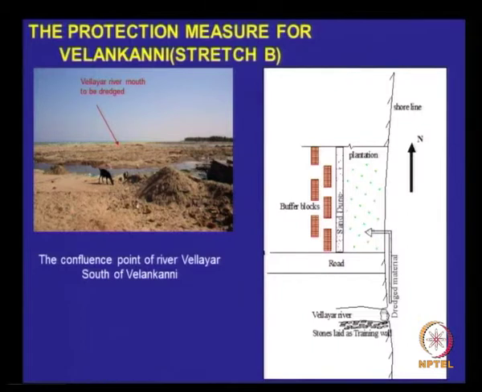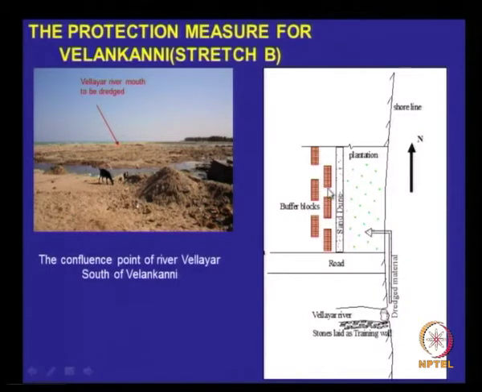act as a buffer. So you have the plantations and a sand dune here, and then buffer blocks, something like seating arrangements, so that in the event of a tsunami, the water has to go through the plantation, then over the sand dune, and then reach these buffer blocks.